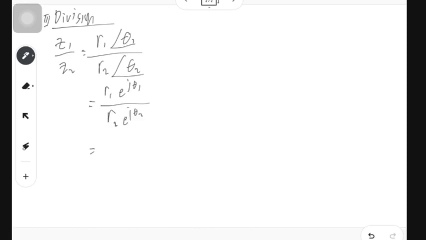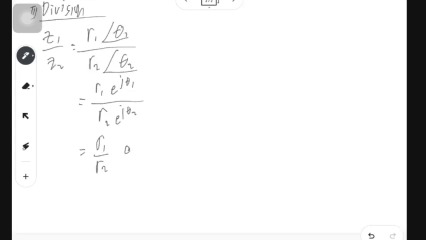Then, division on exponents. So, you have here R1 over R2. The exponent of the denominator will become negative when we make this as a multiplier. So, the result, e to the j theta sub 1 times e to the negative j theta sub 2.